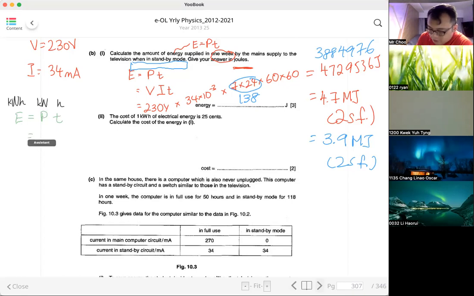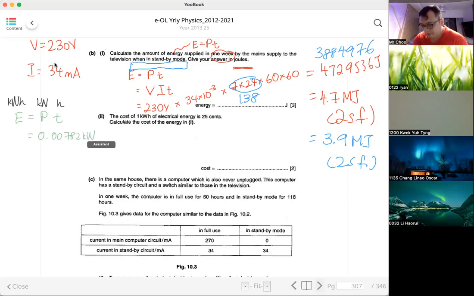So you just multiply these two values. Let me calculate myself. 230 times 0.034, I get 7.82 watt. If I convert it to kilowatt, I'll get 0.0782 kilowatt.